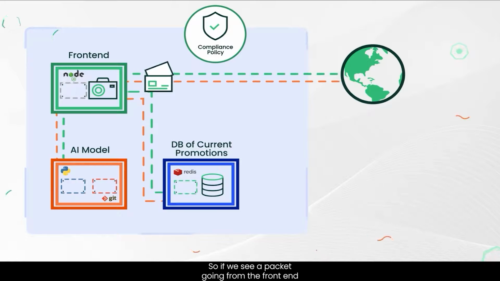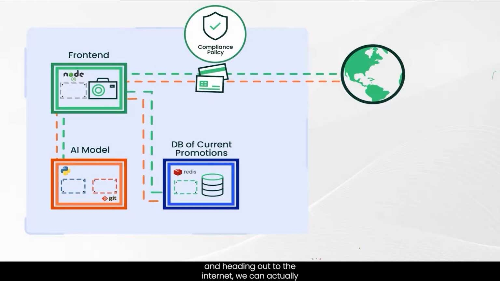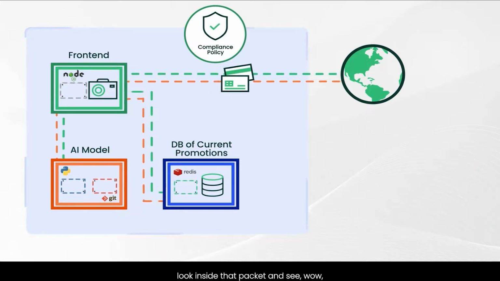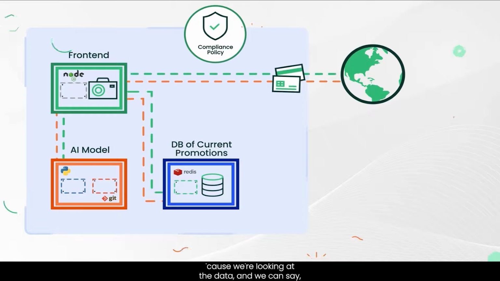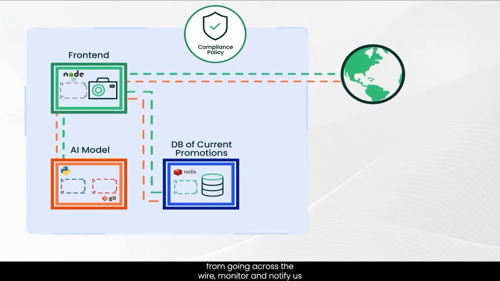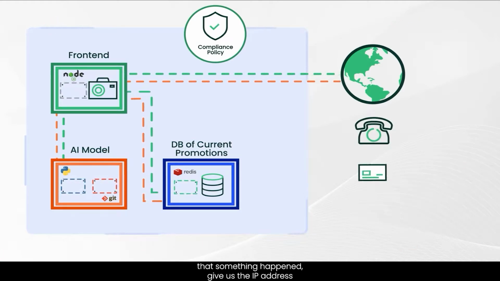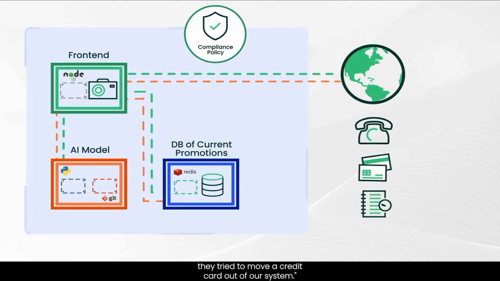So if we see a packet going from the front end and heading out to the internet, we can actually look inside that packet and see, wow, that's actually a credit card number, because we're looking at the data, and we can say, poof, kill that credit card transaction from going across the wire. Or we can monitor and notify us that something happened, give us the IP address that tried to do it, and let us know they tried to move a credit card out of our system.